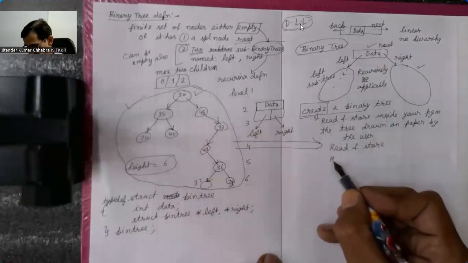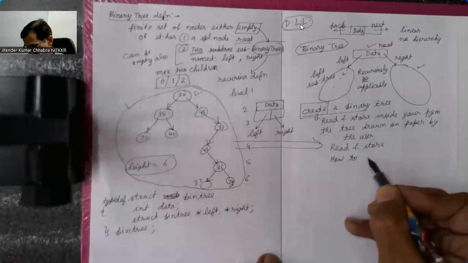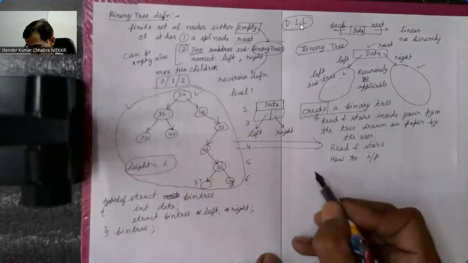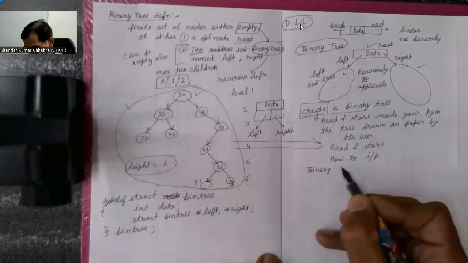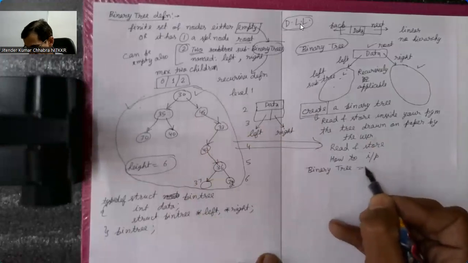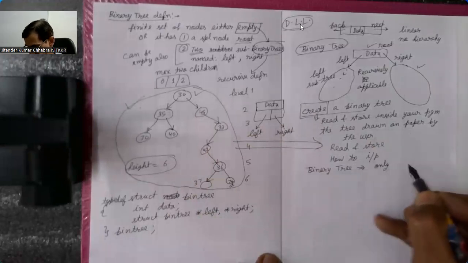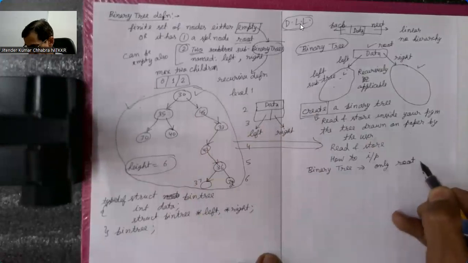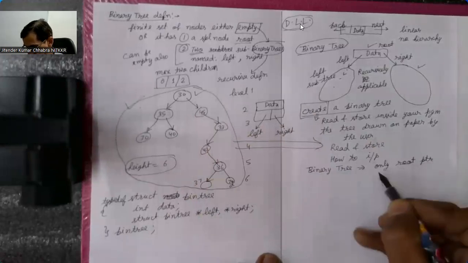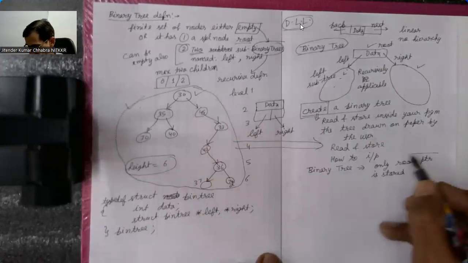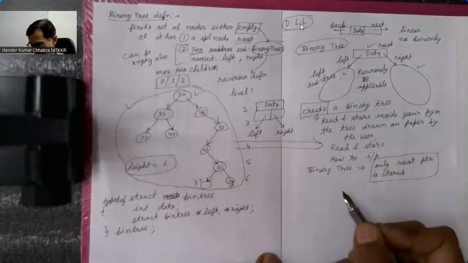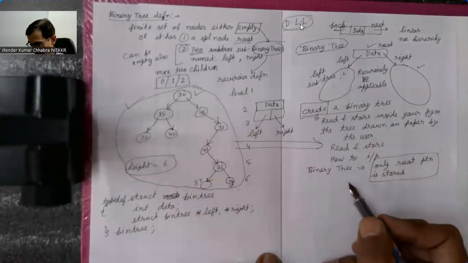So how to input? Of course, root you can start. Remember, for a binary tree, like in case of a linked list, only root is stored. So we will always store only the root pointer, and the rest is all linked via root. It's a kind of a start pointer for the linked list or for the binary tree.